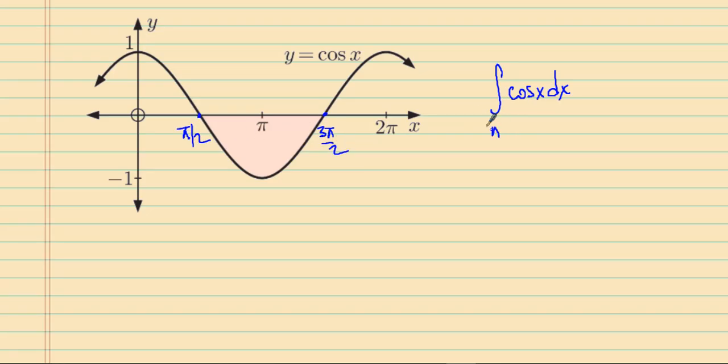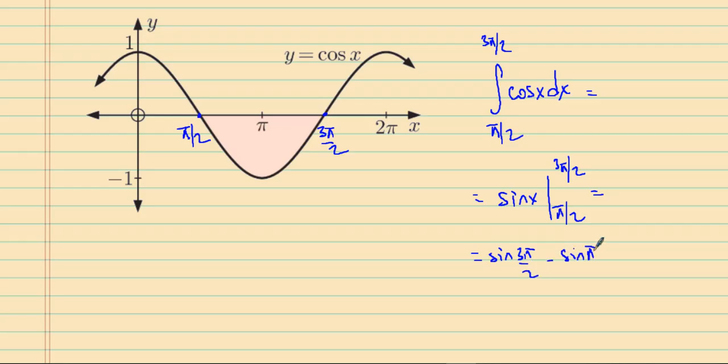So we calculate this integral from pi by 2 to 3 pi by 2, and we know that it's sine x between pi by 2 and 3 pi by 2. So what do we have here? Sine 3 pi by 2 minus sine pi by 2. So sine 3 pi by 2 is negative 1, minus sine pi by 2 which is 1. So you have negative 2.